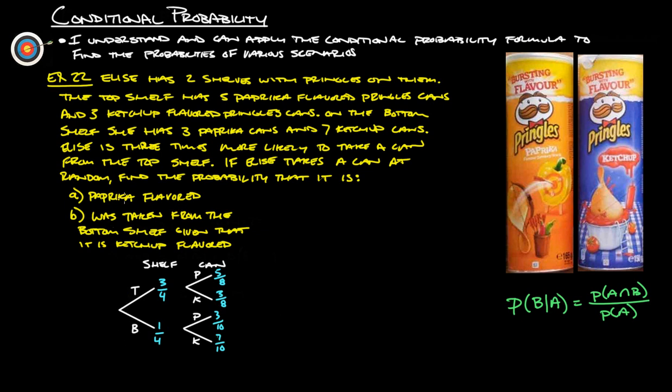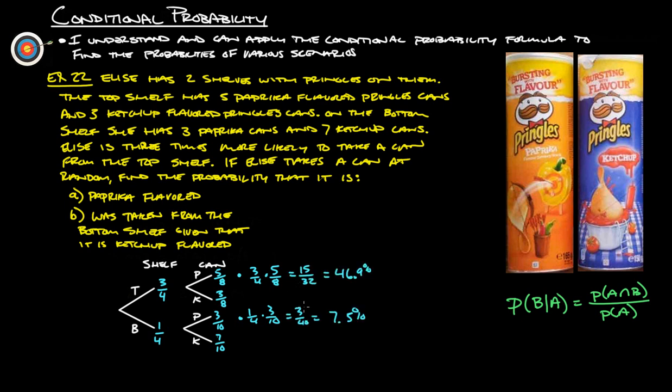So if Elise takes a can at random, find the probability that it is paprika flavored. Okay, so that means it could be the top shelf paprika or it could be the bottom shelf paprika. So it could be either one of these, right? So that's going to be 3/4 times 5/8, and then also it could be 1/4 times 3/10. Okay?